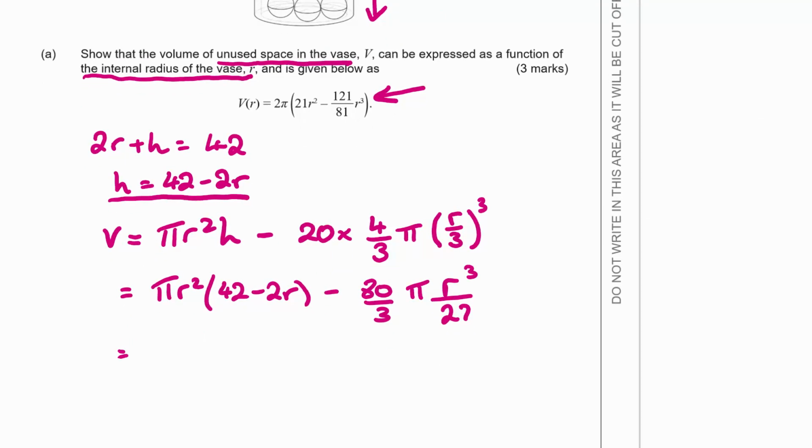So I have got 42 pi r squared, take away 2 pi r cubed, take away 80 pi r cubed over 81.